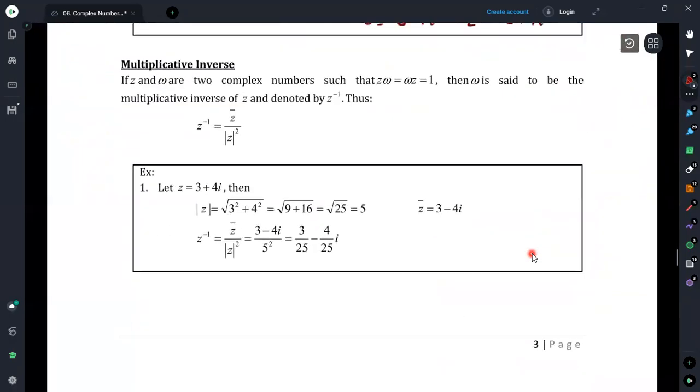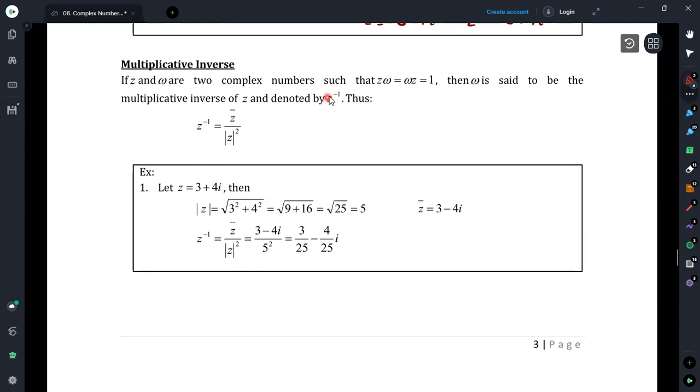Now we will discuss the multiplicative inverse. Suppose that z and omega are two complex numbers such that z omega equals omega z, which equals 1. Then we can say that omega is the multiplicative inverse of z.